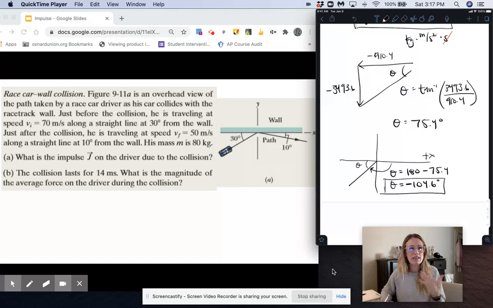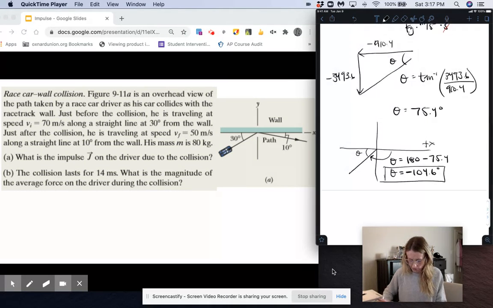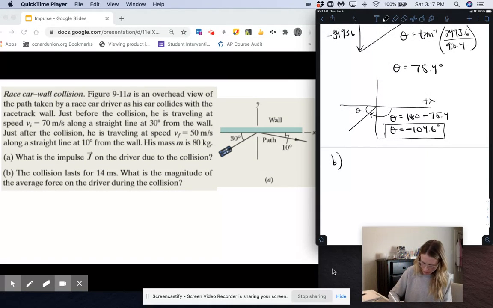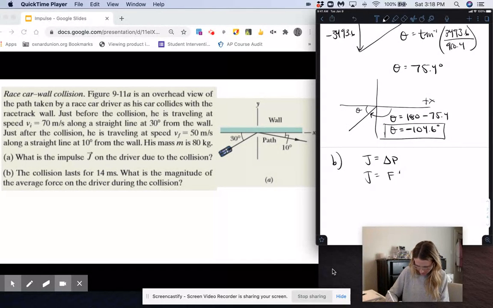So it says that the collision lasts for 14 milliseconds, and we want to know the magnitude of the average force. Now, of course, for part B, we know that impulse is equal to a change in momentum. We also know that impulse is equal to force times time. So we just found what impulse is. We know that our time is 14 milliseconds, so we can find our force now. So force is equal to impulse divided by time.